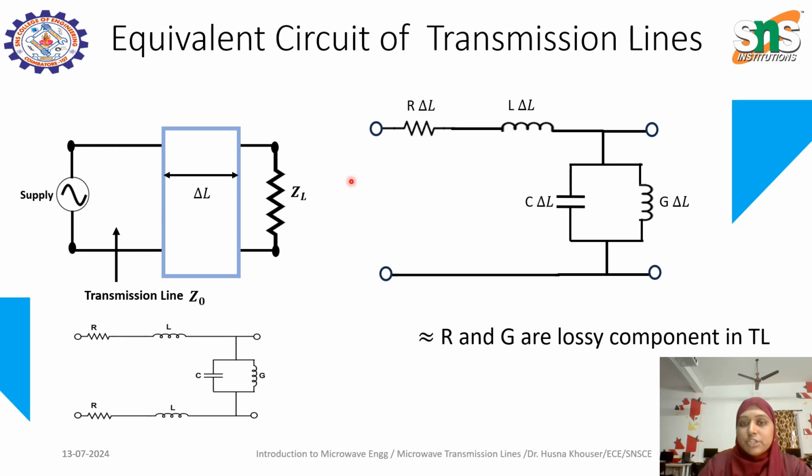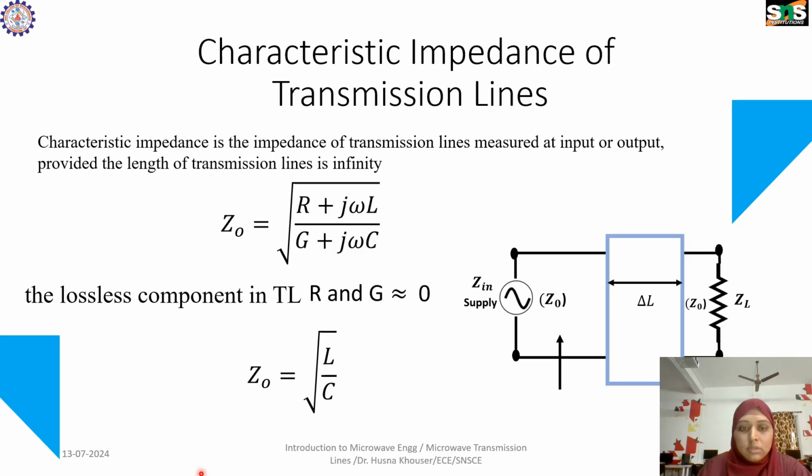And here we are using del L for a particular length of transmission line. So we have mentioned all the components as R del L, inductance L del L, conductance C del L, and G del L. Here we assume that for a lossless transmission line, R and G will be very small. So this is the characteristic impedance of the transmission line model, measured approximately for an infinite transmission line.